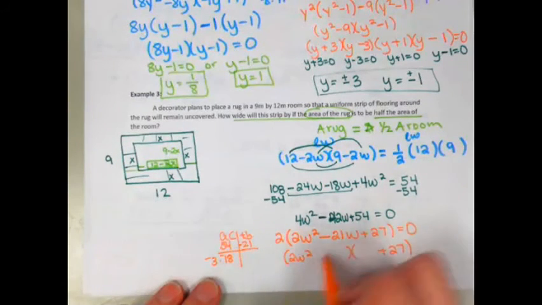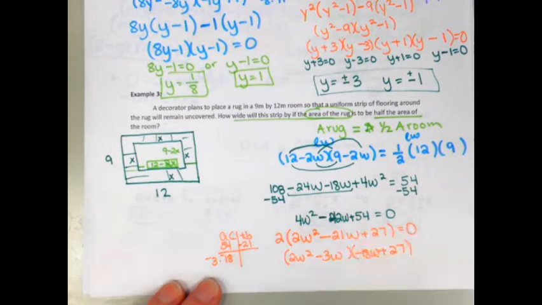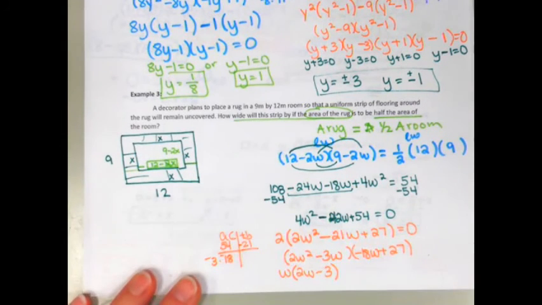So then we have minus 3w and we have a negative 18w, right? All right, what's my GCF between 2w squared and 3w? Just w, right? And I'm left with 2w minus 3. Negative 18, so I'm going to pull out a negative.